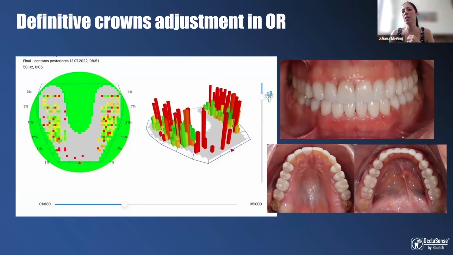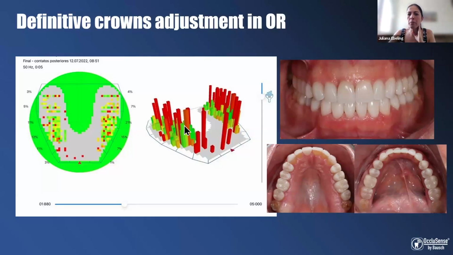Normally, I go to this refinement after papers. I use the papers to adjust the contact distribution and get the ideal occlusal distribution. And when I look at that and say, okay, it would be good, it would be finished, and then I use OccluSense, and I discover that it's not finished. I discover that I have different intensities of these contacts.